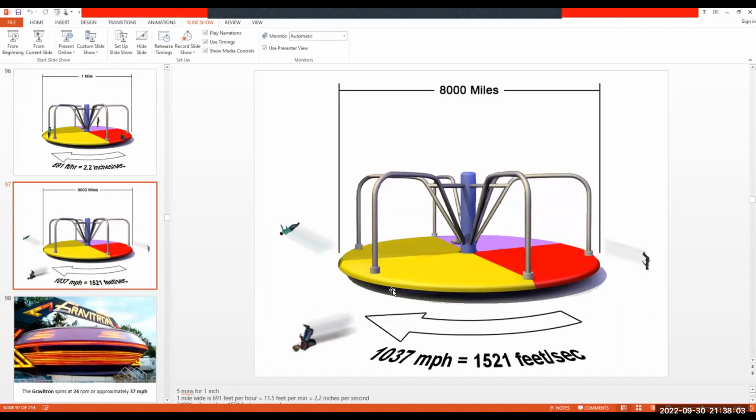Yes. The Earth is 8,000 miles wide. It is going around at 1,037 miles an hour. If that was true, we wouldn't be able to stay on the Earth. We'll be flung off. Gravity is not strong enough to prevent somebody being flung off at that speed.